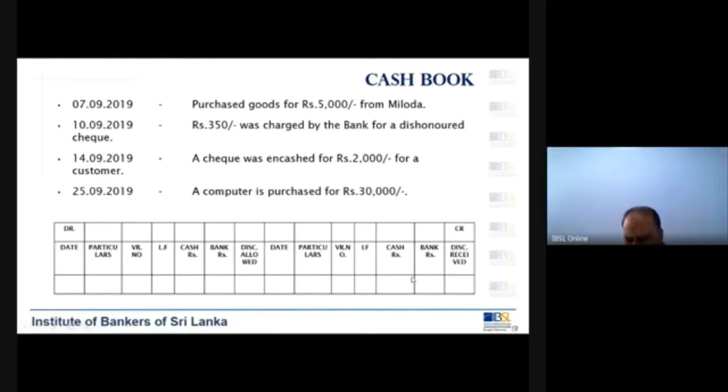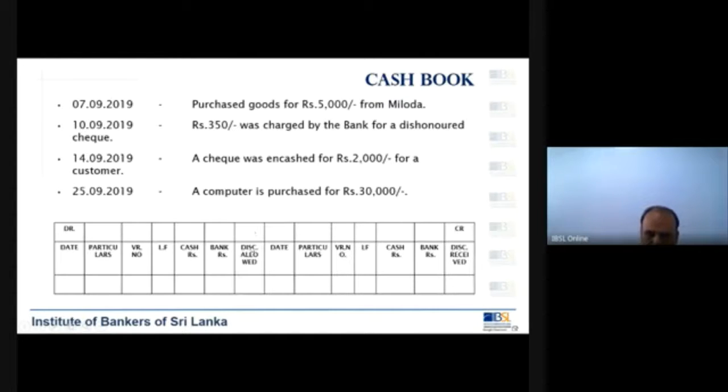We don't normally learn about a single column cash book because it's not relevant, because you can maintain both columns, where cash and bank both are maintained. So that is a double column cash book. The cash book is separated from here with this line I showed you last week, and the particulars on the left and the right are the same except for two columns.